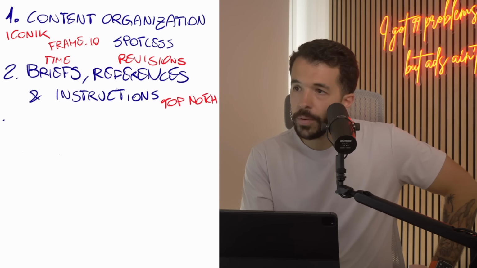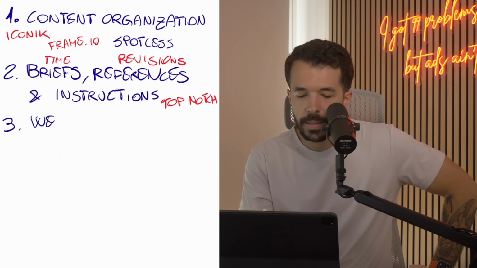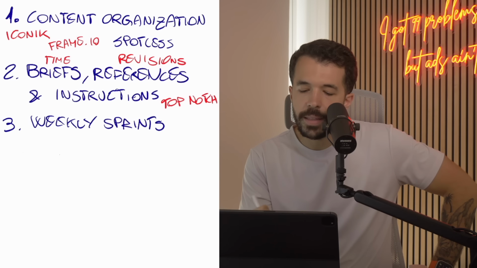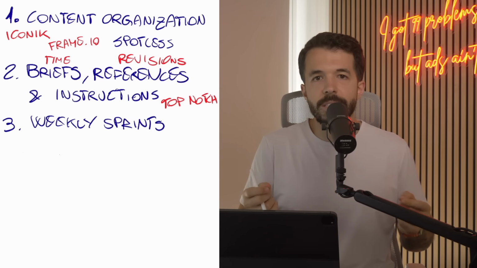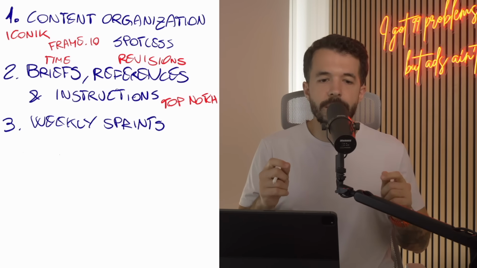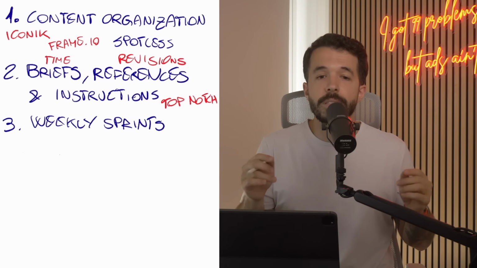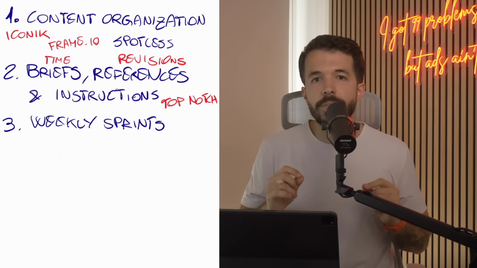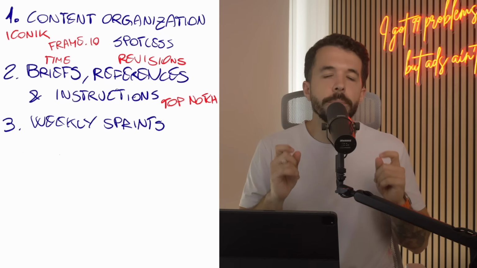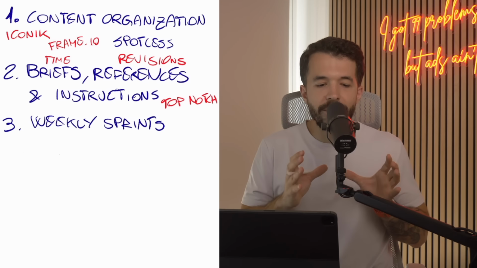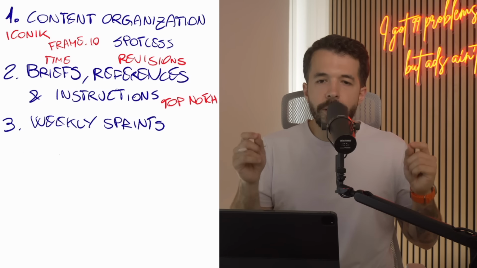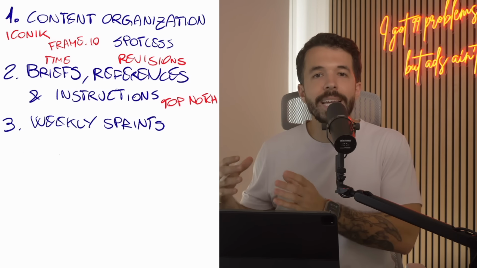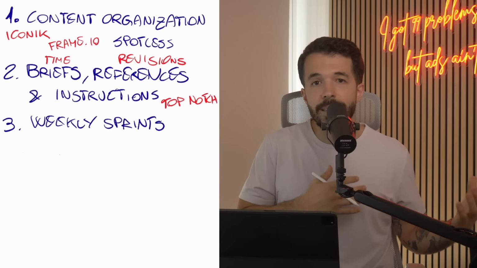Now, number 3 is weekly sprints. And this is important because every time we step into a creative system, it's very unlikely, it almost never happens, that all the people involved in the creative team understand their responsibility in a clear way, and most importantly, have a clear understanding of the weekly deadlines, and also an understanding of how they can become a bottleneck if they don't meet that deadline.